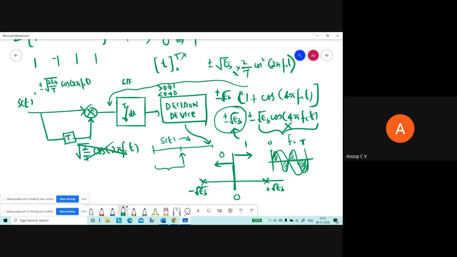So you have to multiply the signal S of t of the present or current symbol duration with the signal of the previous symbol duration. Then we have to integrate. This is what DPSK demodulation is, and whatever value we have got after this integration, if it is greater than 0, we'll assume a 1 was transmitted. If it is less than 0, we'll assume a 0 was transmitted.